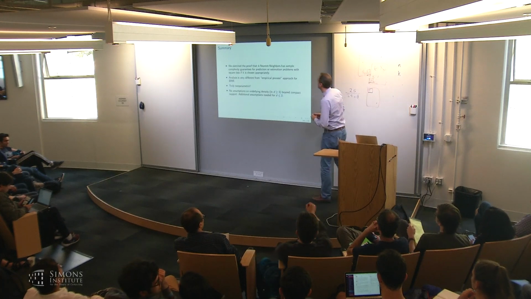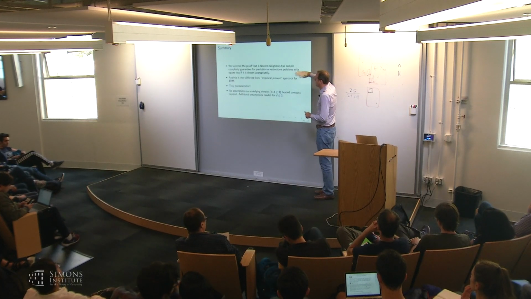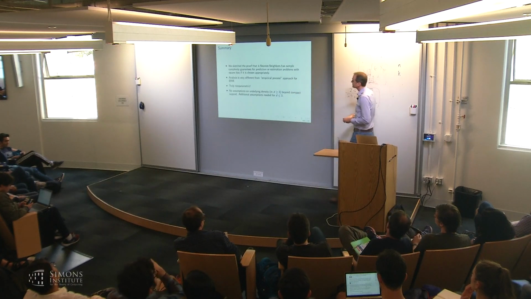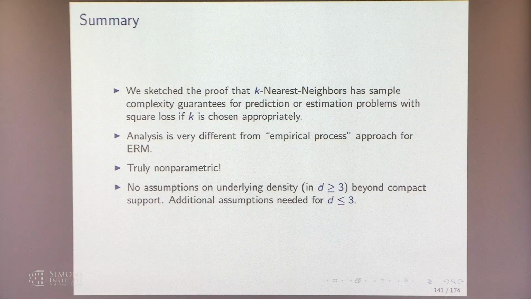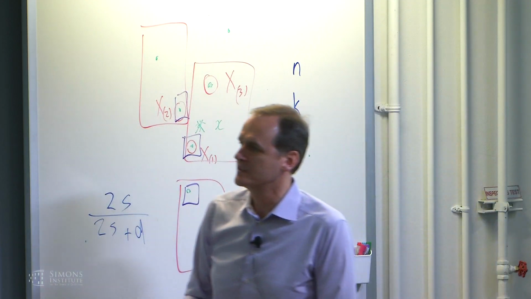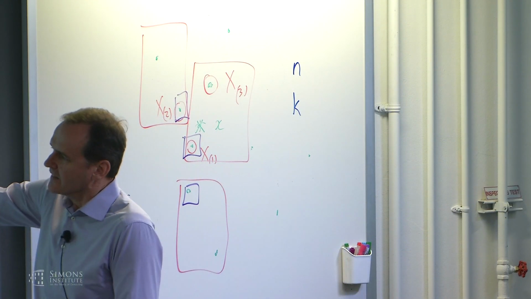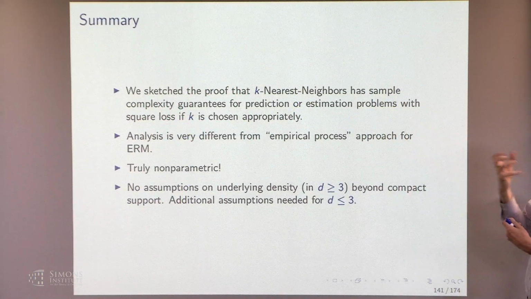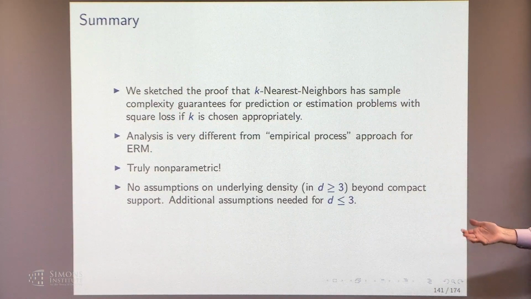All right. So with an appropriate choice of k, and we saw that depended on n, and if we look at a more refined result, it depends on the degree of smoothness that we're willing to assume. This sort of analysis, where we're making an assumption about the probability distribution and then studying this bias variance decomposition for this specific method, it's very different from thinking about empirical risk minimization over some class of functions and how close expectations are to sample averages and so on.